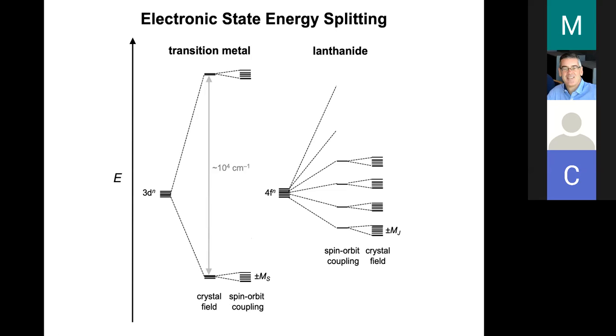The spin orbit coupling is actually generally much larger in energy than the splitting from the crystal field. And so in this case, we're going to have instead a spin orbit coupled ground state that we'll consider to be perturbed or split further by the crystal field of the surrounding atoms. And so this is entirely due to this contracted, buried within the core nature of the f orbitals in the lanthanides.